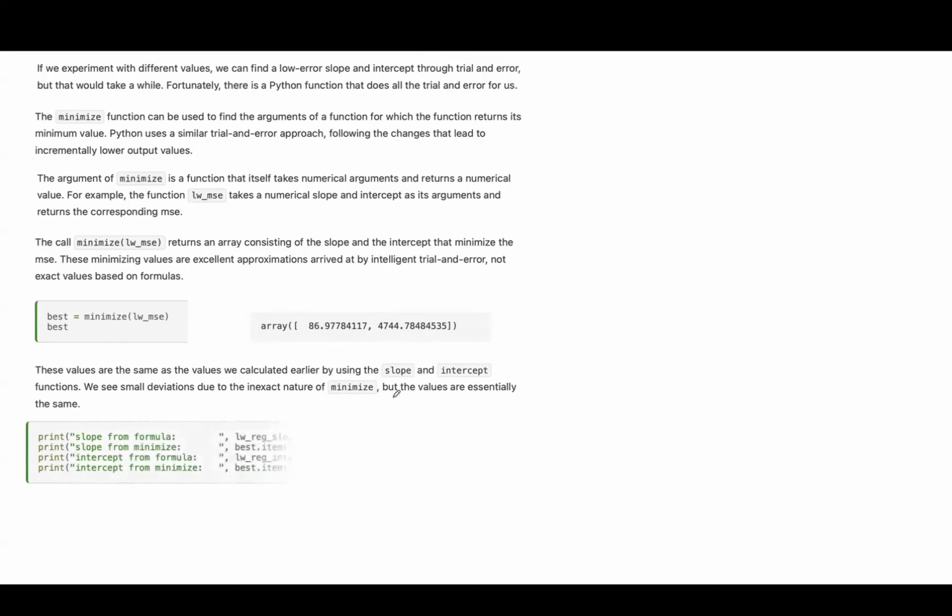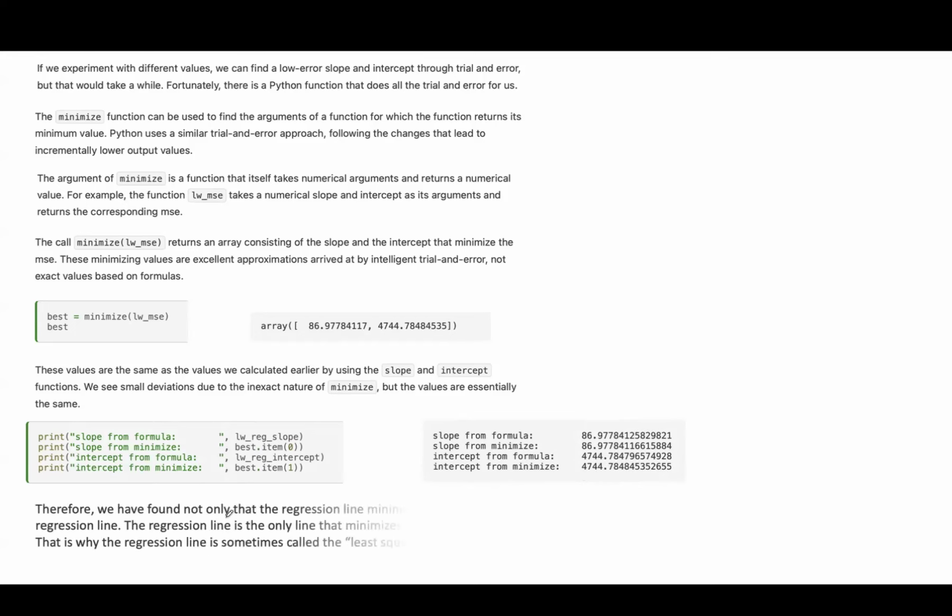If we compare this with the actual slope and the y-intercept, we can see that the slope from the formula is 87.98 and the slope from minimize is 86.98. Very close. So you have just some different values on the right side of the decimals, but mainly these numbers are very similar.